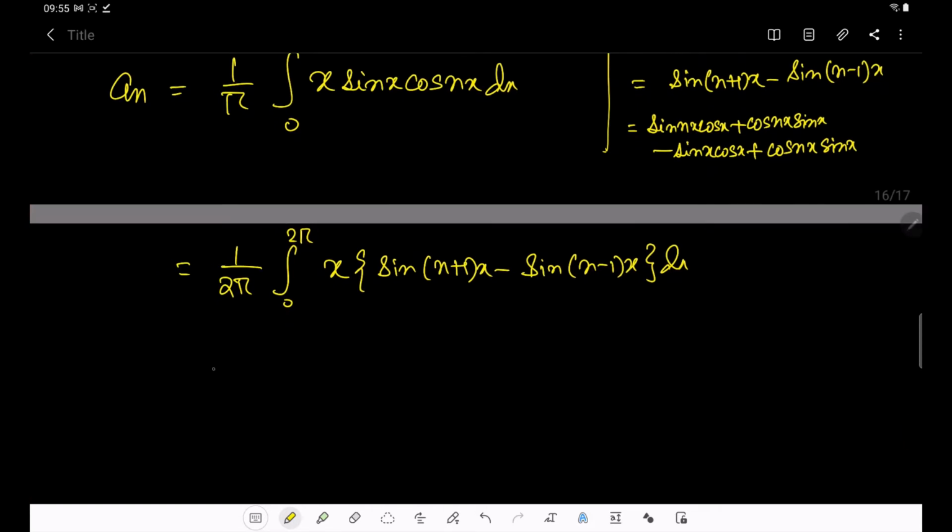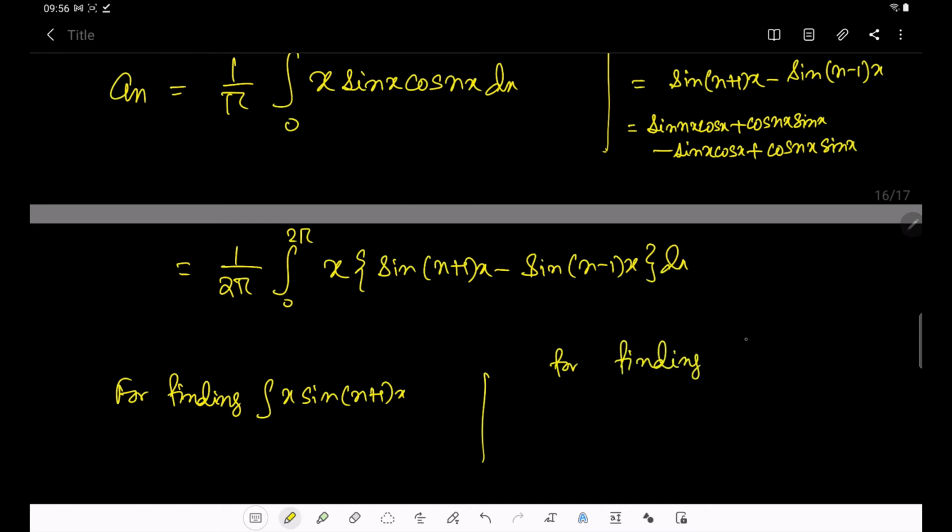Now we need the integration of x sin((n+1)x) and the integration of x sin((n−1)x) dx.